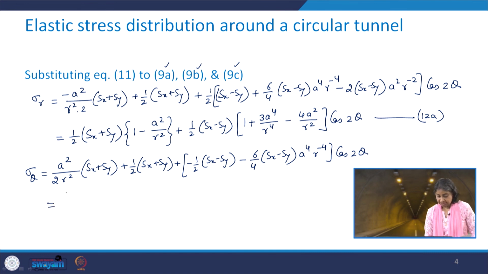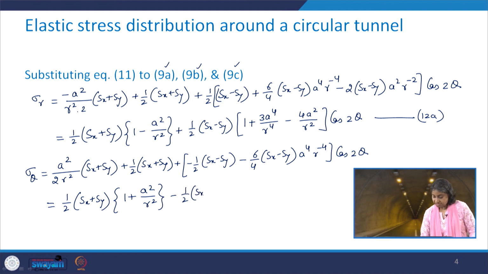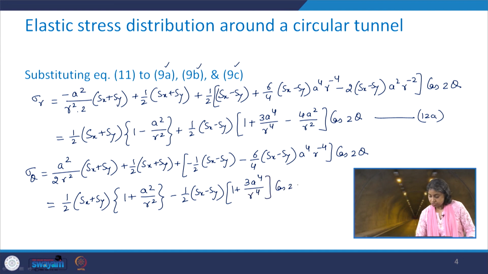And what we get here is that if I take half sx plus sy common, we get 1 plus a square upon r square minus half sx minus sy into 1 plus 3a to the power 4 upon r to the power 4 into cos of 2 theta. This will be equation number 12b.